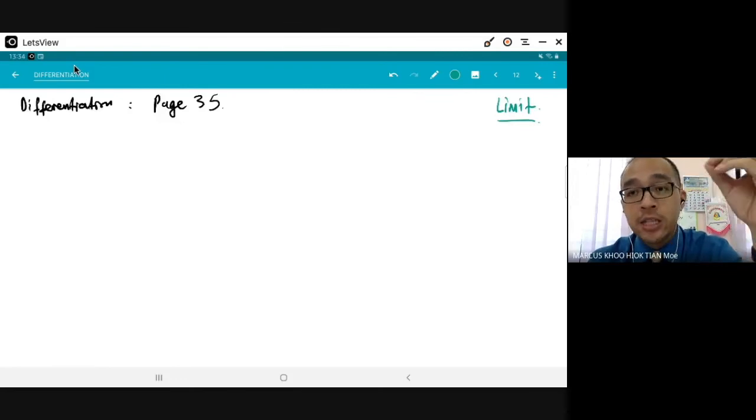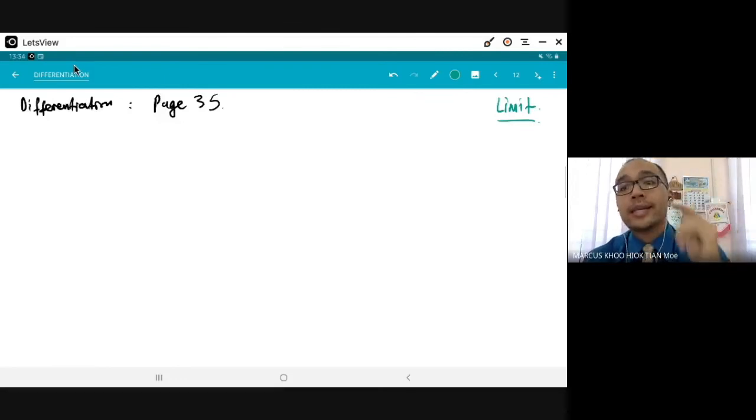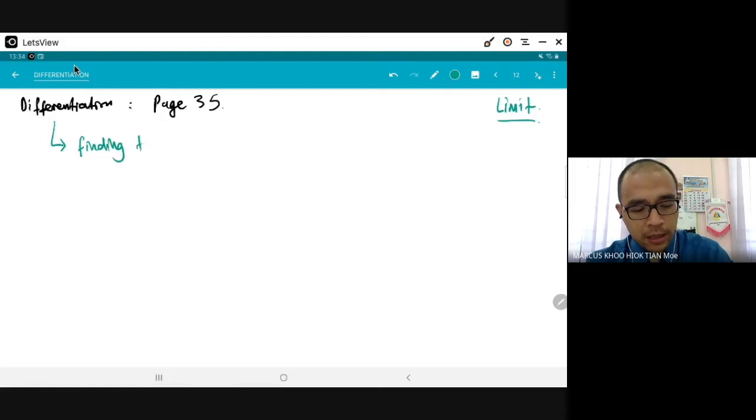It's a differentiation. So what is differentiation actually? Okay, differentiation is the process of finding the equation of a gradient from an equation of a curve.